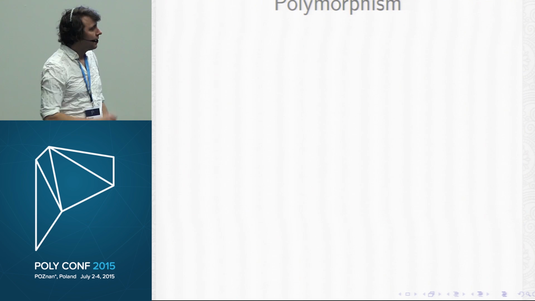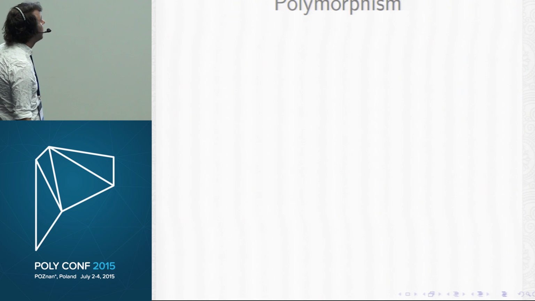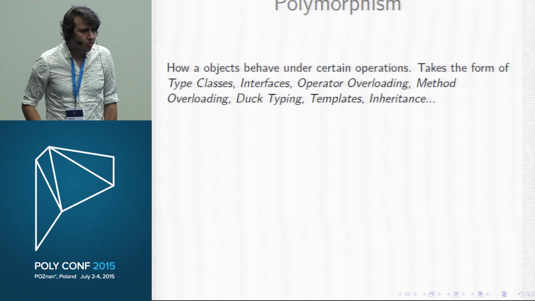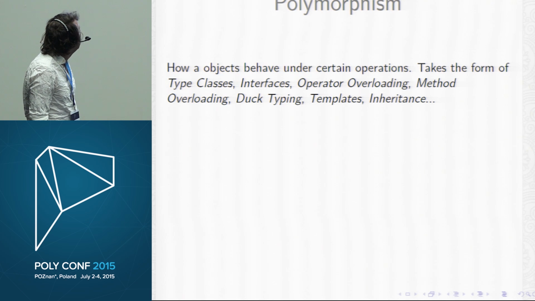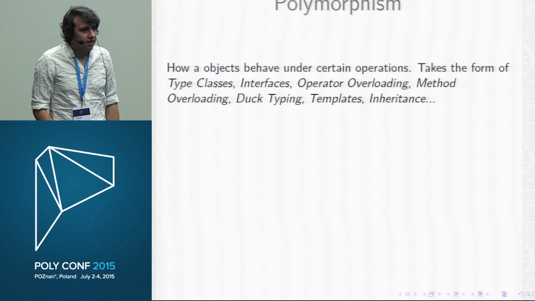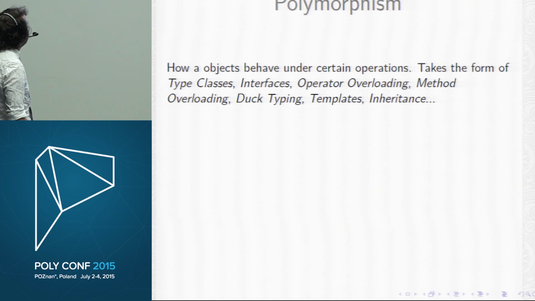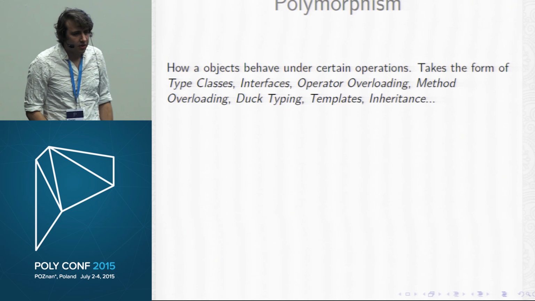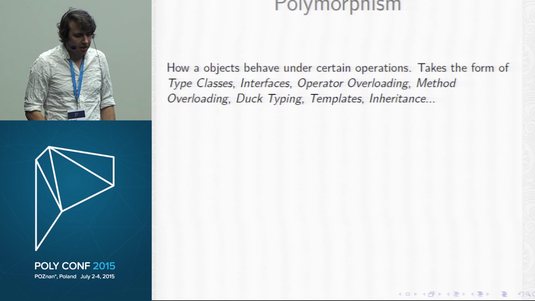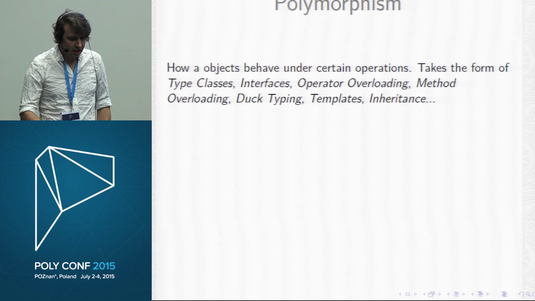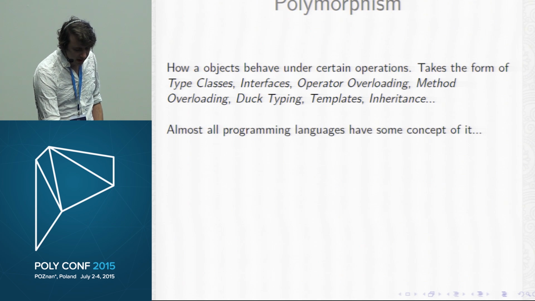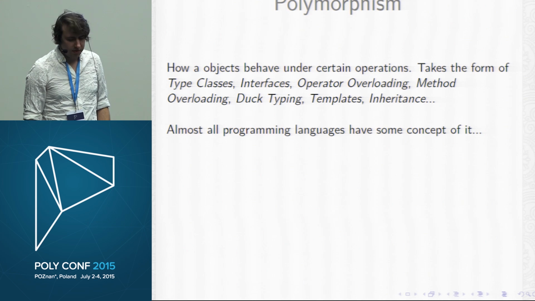The main idea behind Cello is about adding this polymorphism to C. Polymorphism is basically how different objects or bits of data act under different operations. It can be type classes or interfaces. It can be operator overloading, method overloading, duck typing, templates, inheritance, all these different ways. Languages have all sorts of ways of doing it.